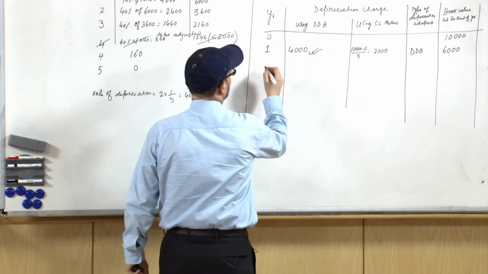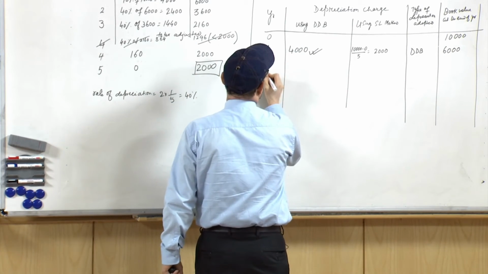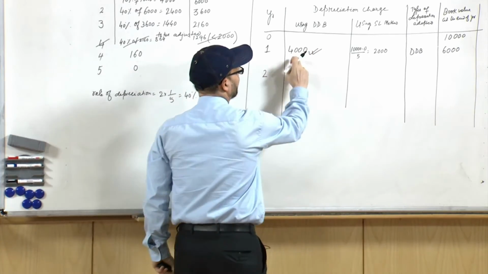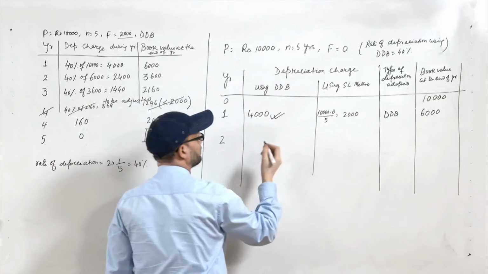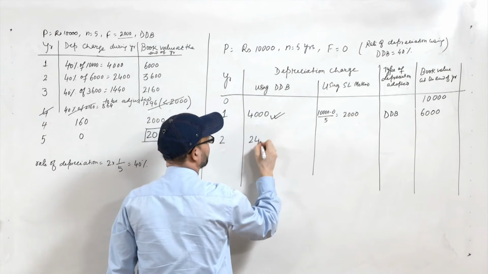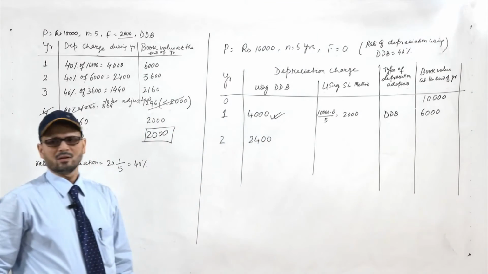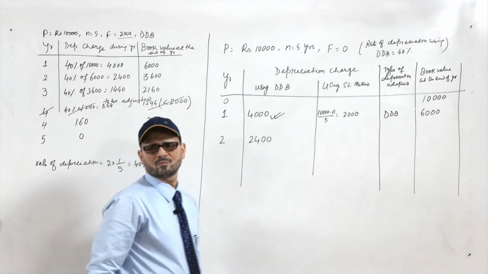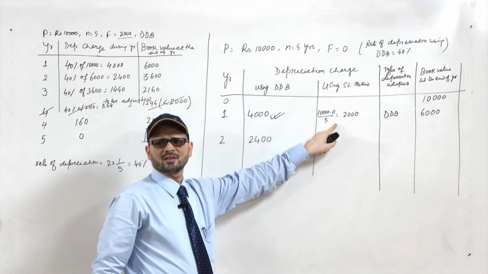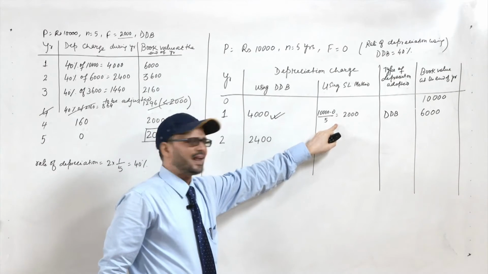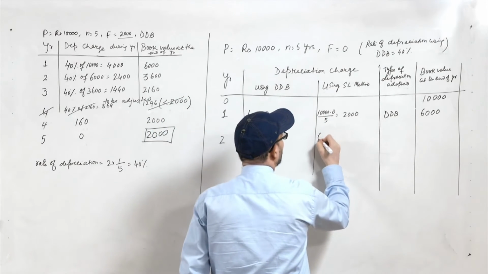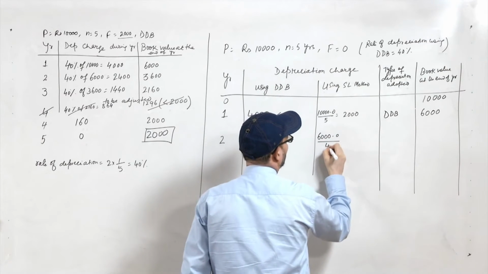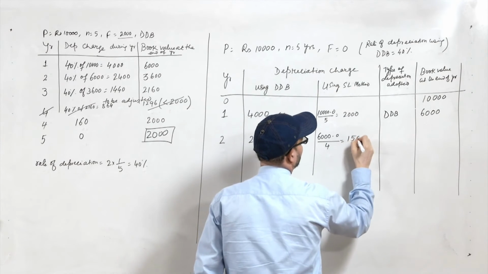Now, in the second year, using double declining balance method, this will be 40% of 6,000. So, it will be 2,400. Now, at this time the book value is 6,000 and the remaining life is 4 years. So, using the straight line method, the amount of depreciation will be 6,000 minus 0 by 4, that is 1,500.